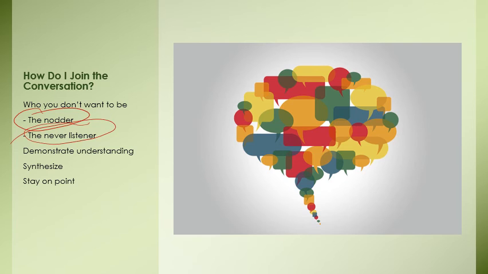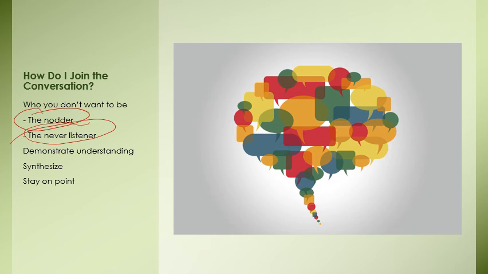The never listener is the person who's standing amongst the group but is constantly waiting to just say what they have to say and has never really heard the other voices. So just using sources but not using them to inform your opinion is not the kind of writer you want to be. You want to use those sources and show that those sources have informed what you have to say.